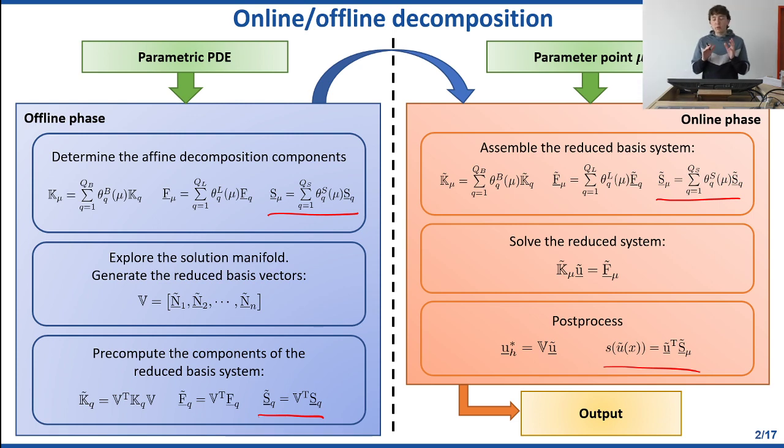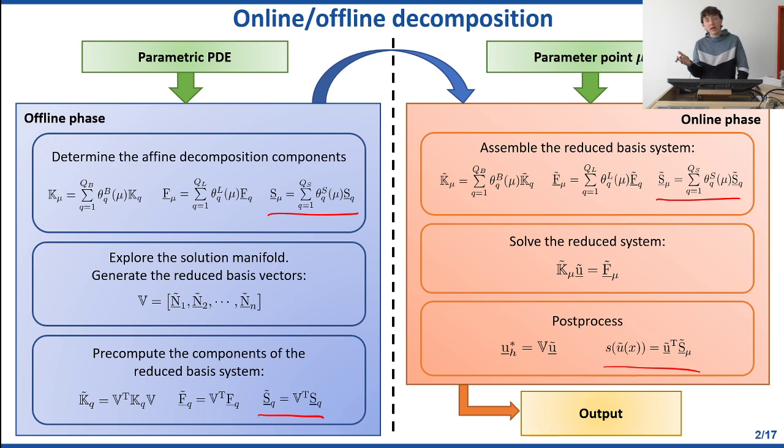So we want to be able to assess this output quantity in the online phase in a cheap way, independent of the number big N. And we can actually do this in pretty much the same way as everything else that we've set up so far, because a functional, we already treated this.